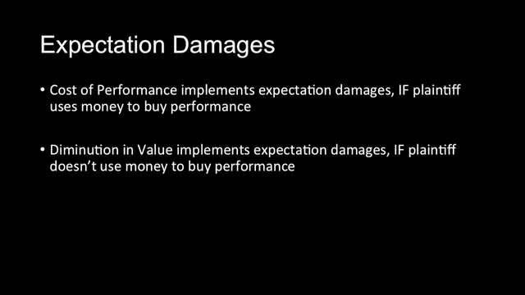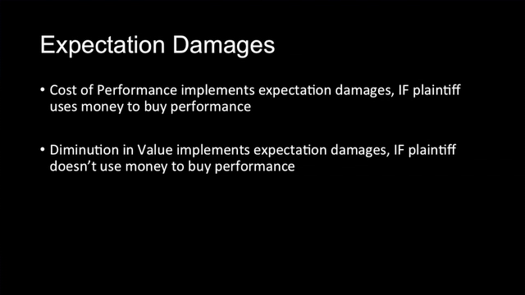Diminution in value damages, on the other hand, implicitly assume that the plaintiff is not interested in using the money to buy substitute performance, and instead tries to put the plaintiff in the same economic position as if performance had occurred by giving her sufficient funds to compensate for any diminution in value caused by the defendant's breach.